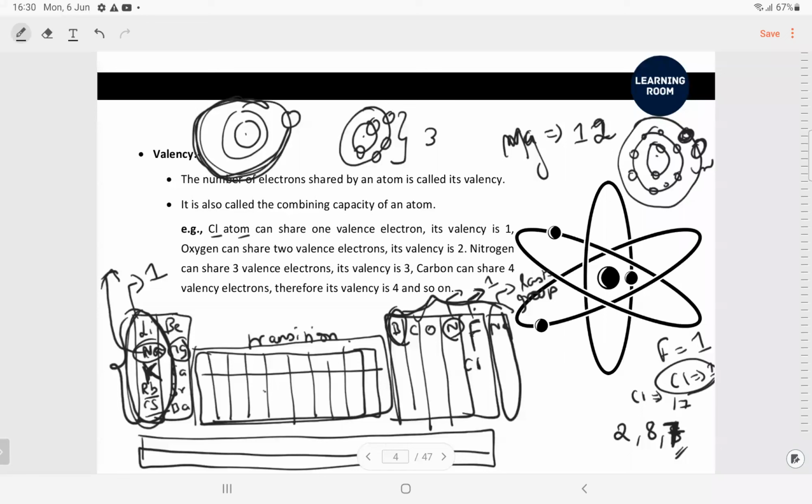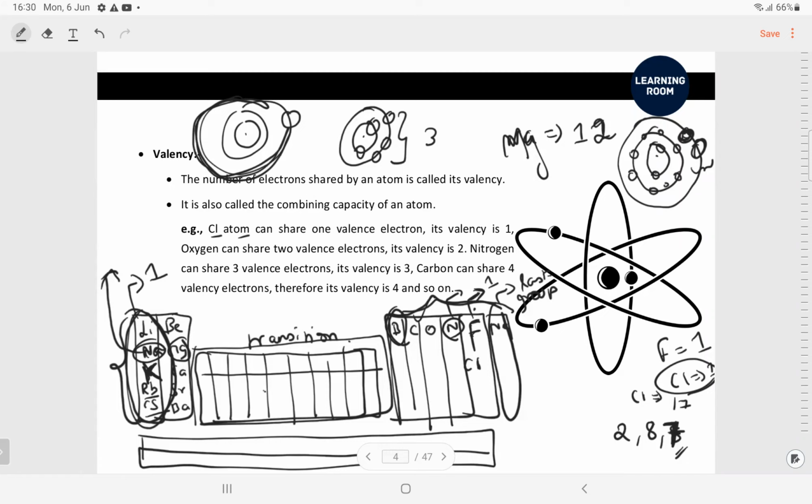Just take your note and write the K, L, M, N shells from lithium to fluorine. Do you want the atomic number for lithium? It's 3.